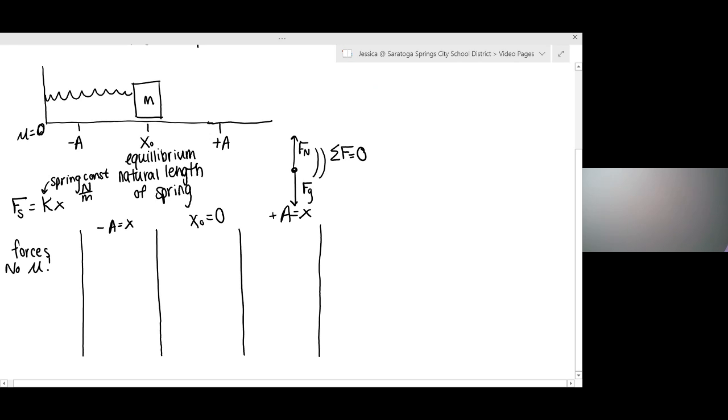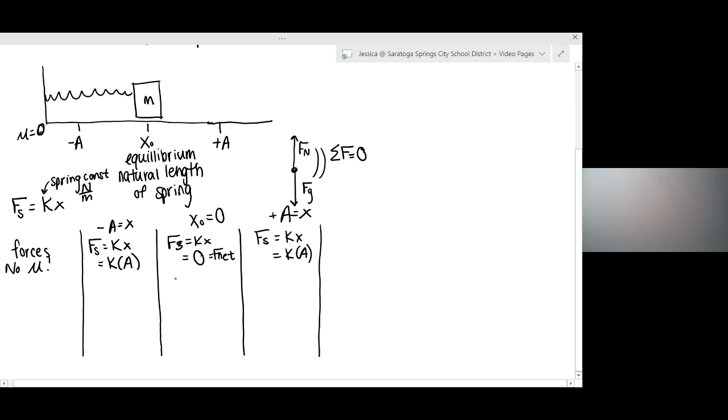So our force at the negative amplitude, if we're looking at the equation, is just going to be kA. Our force at the center is going to be 0 because x is 0, and our force at the positive amplitude is, again, kA. At the center location, all of the forces are balanced, so our net force is 0 because there's no friction and no other horizontal forces.